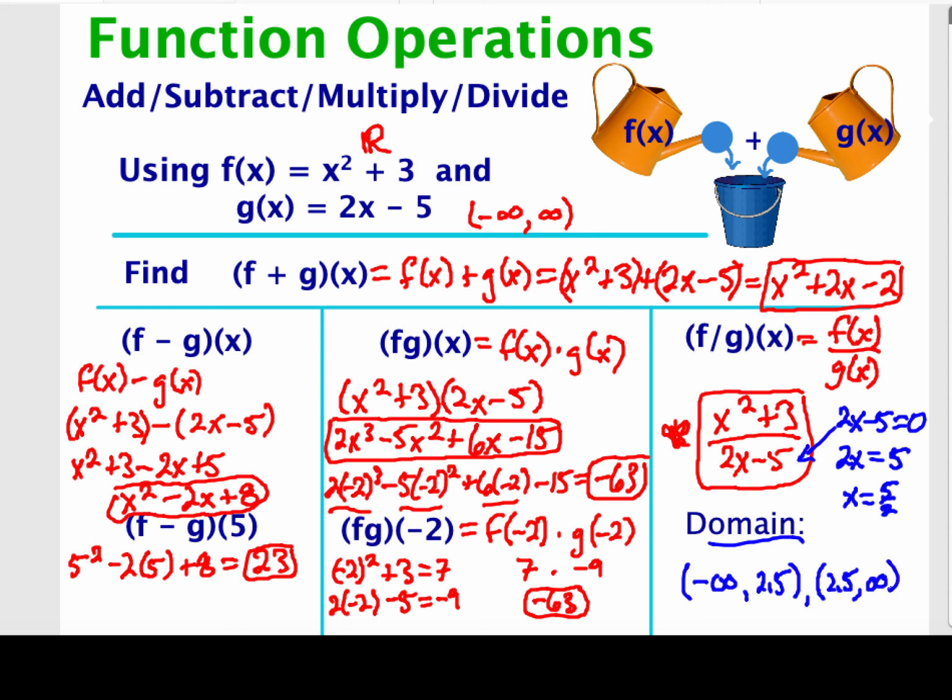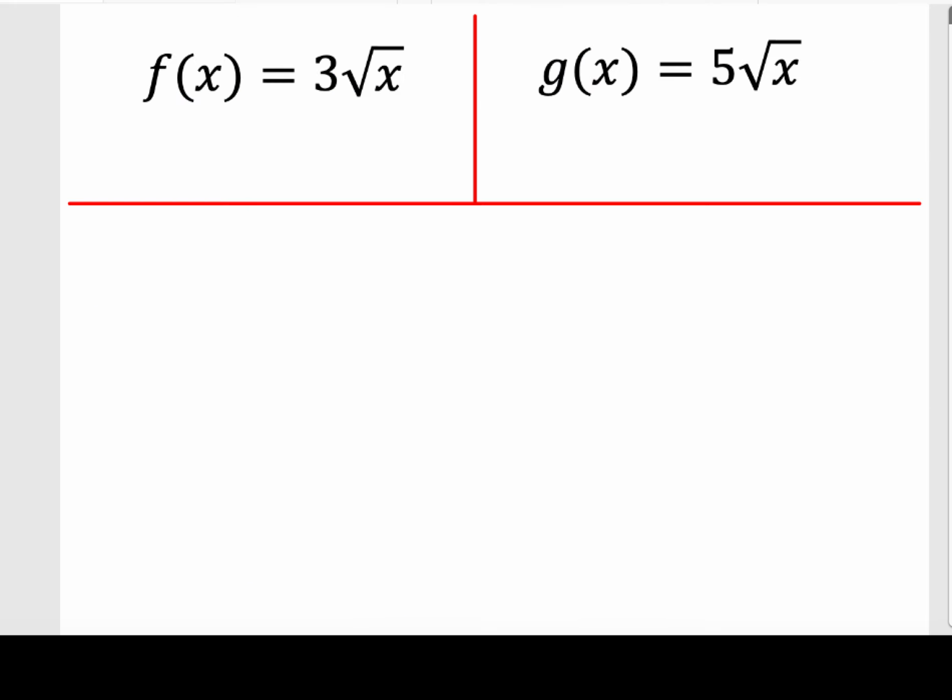Now for that one, we really only had to look at the final function, but you do want to be careful. Notice how at the beginning, we had found the domains of f of x and g of x. If there is a number that can't be used in the original domain, so let's consider these two functions. For f of x, I would definitely have to have x be greater than or equal to 0 because it's under a square root. For g of x, the same thing goes. We're underneath a square root. So I can't use negative numbers right now.